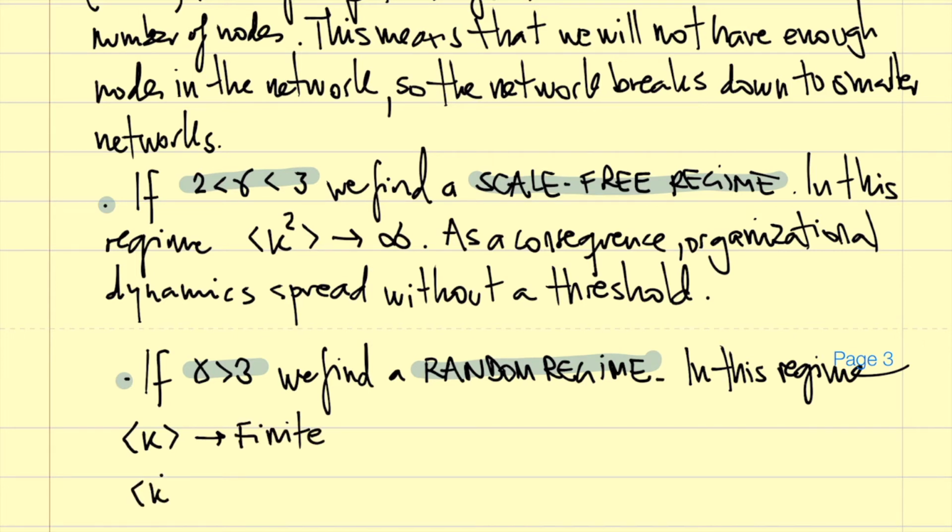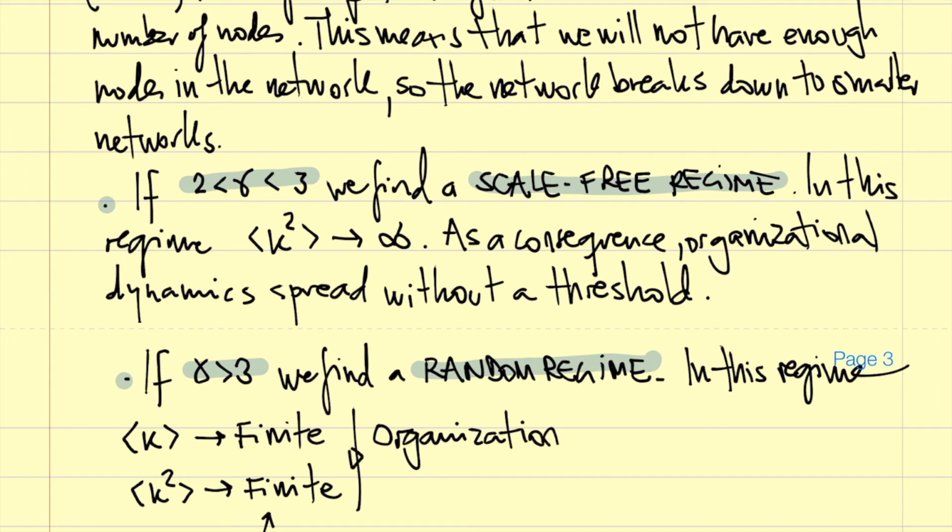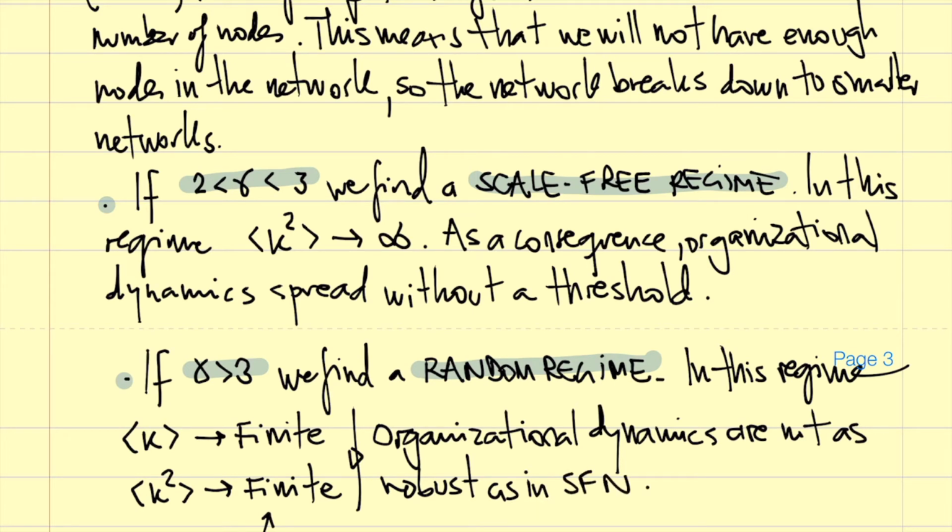The second moment is also finite. So it exists, it's not infinite. And as a consequence, organizational dynamics are not as robust as in scale-free networks.